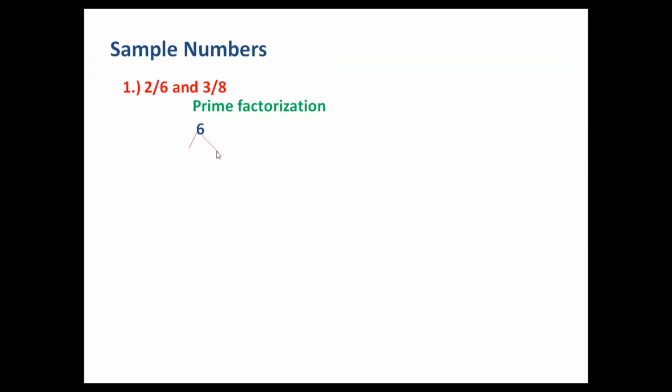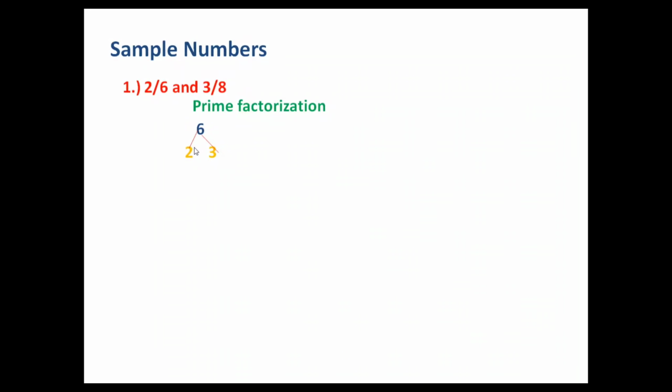We need to put the two factors of 6. What are the factors of 6? That is 3 and 2, or 2 and 3. We need to make sure that our factors are already prime numbers, or prime factors.